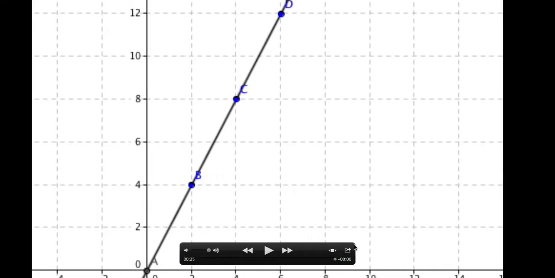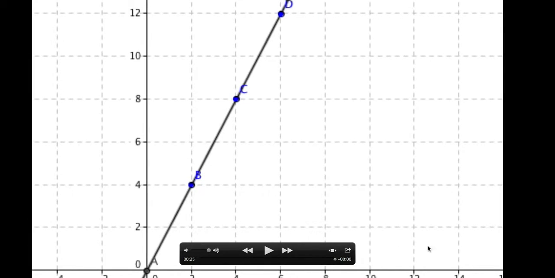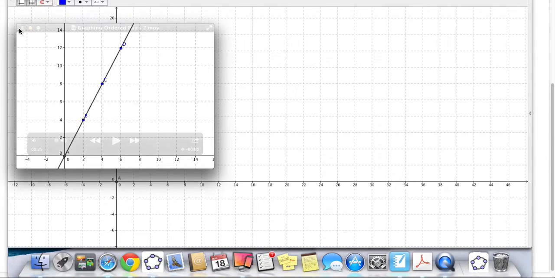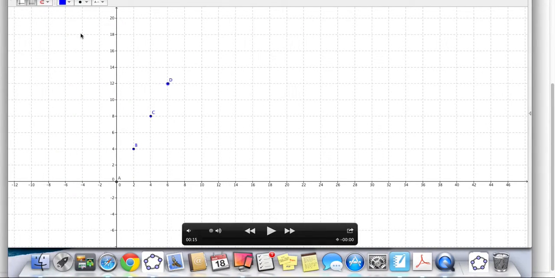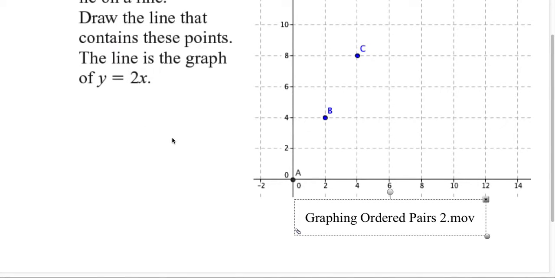And we have graphed our function. Okay? Make this smaller. Oops, smaller now. Okay. So from there, let me close this now. We have graphed y equals 2x.